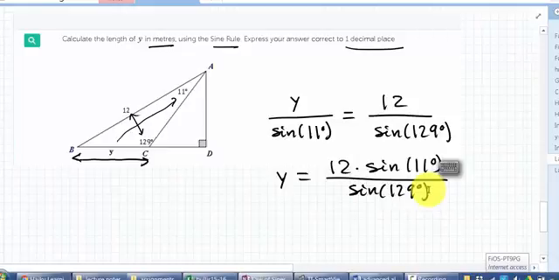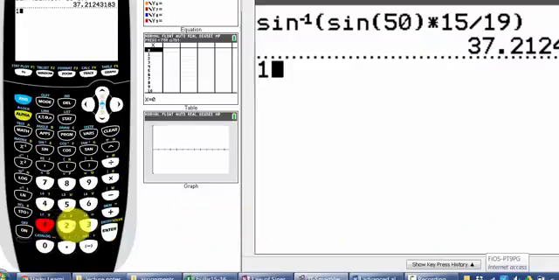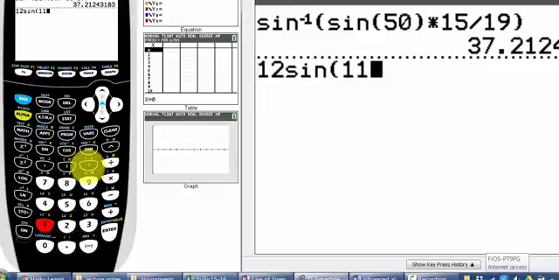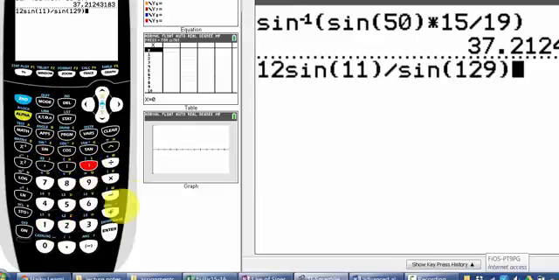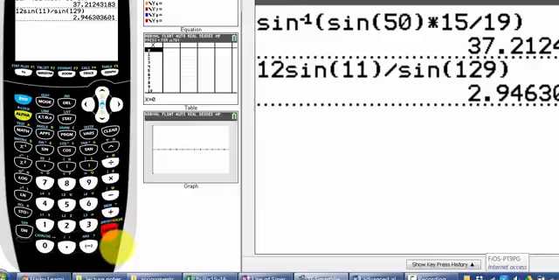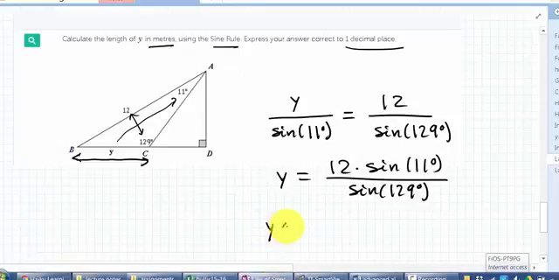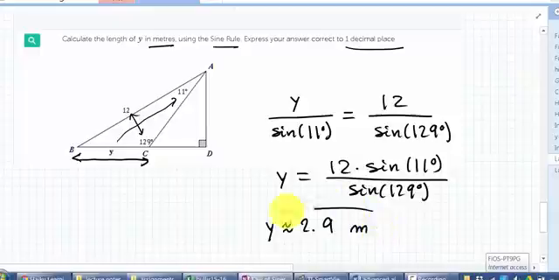Here we go. 12 sine 11 divided by sine 129. Let's see what that is. And the answer is about 2.9. So y is about 2.9 meters. There is a unit, okay, be careful.